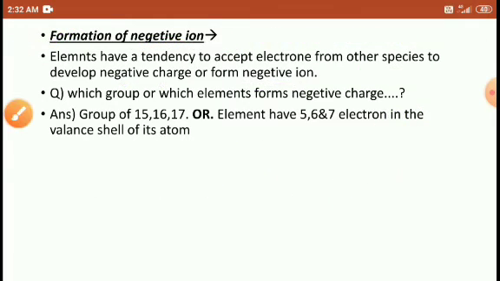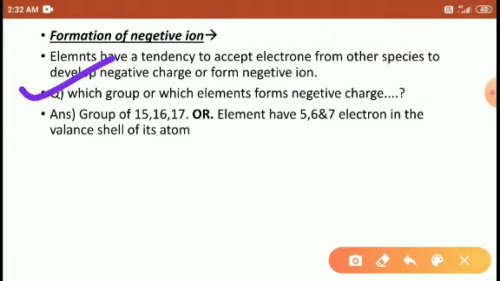Right, students? The question is, which group or which element forms a negative charge? Already we know that metals always develop a positive charge and non-metals develop a negative charge. But here we are asking about the groups or elements.